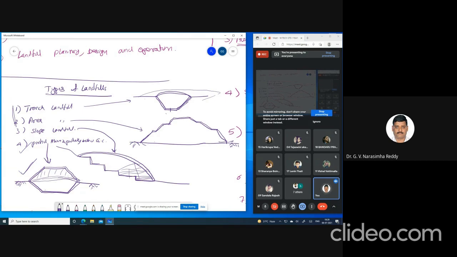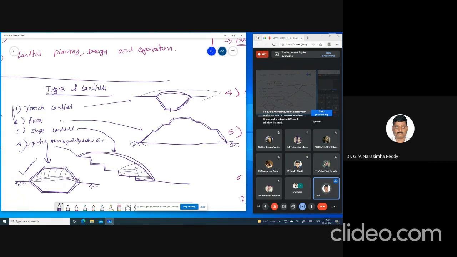So you may extend 10-15 meters above the ground and 15 meters below the ground, and the total will be 30 meters, right? Otherwise you would have got only half of this. Either if you go for trench or area landfill, it may be around 60% of the volume of this one, because the area is fixed. So this is the advantage in the partially above and partially below the ground landfills.